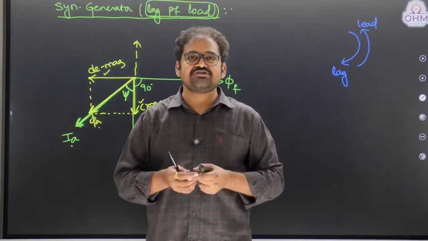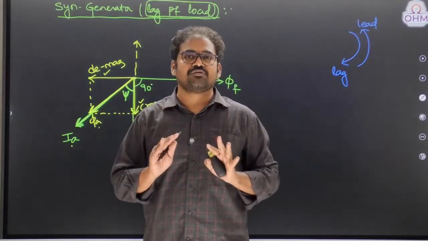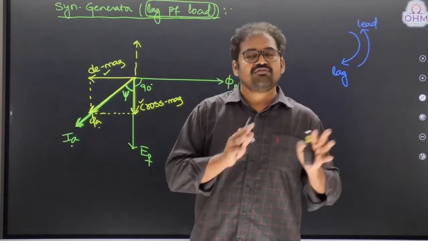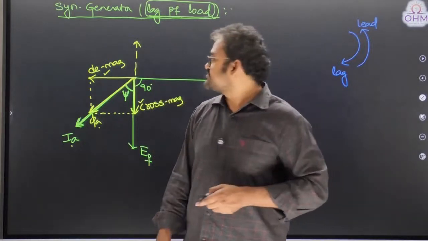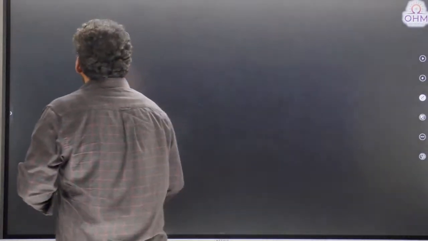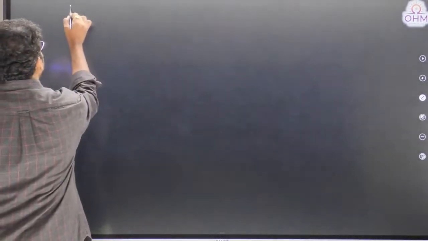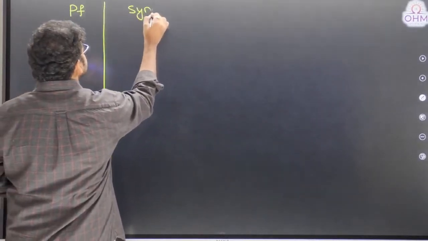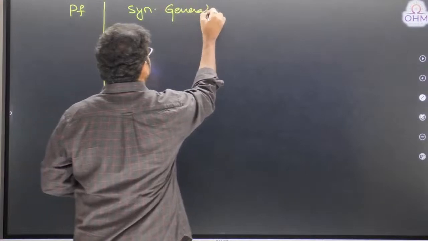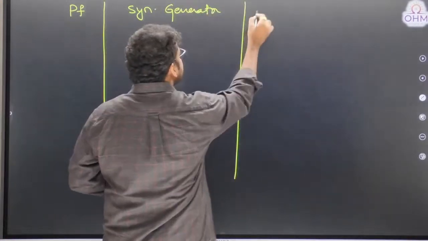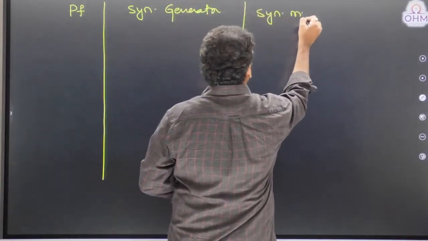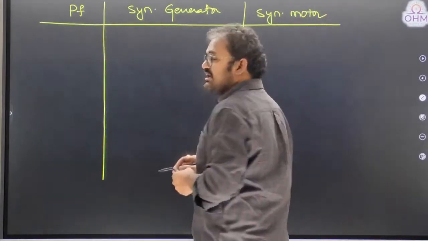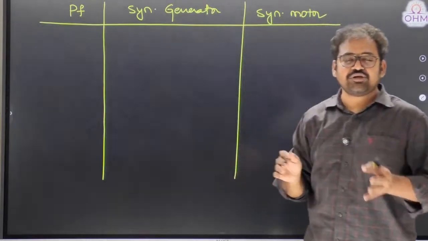Okay, so keeping all these points in mind, let me write a tabular column where we can understand the effect of armature reaction for all types of power factors. I am considering the power factor in the first column, synchronous generator in the second column, and synchronous motor in the third column. There are different types of power factors I am going to consider.